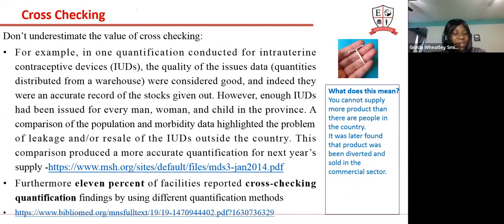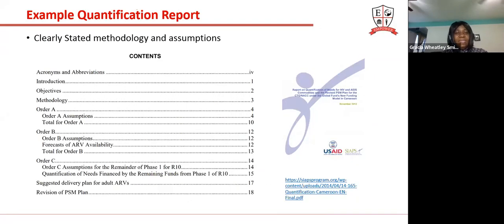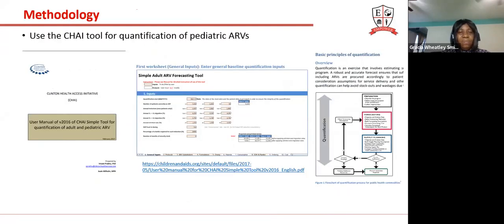So cross-checking is vital for improvement in your program. That is the example of a quantification report. You can use the CHAI tool for quantification of the pediatric ARVs.